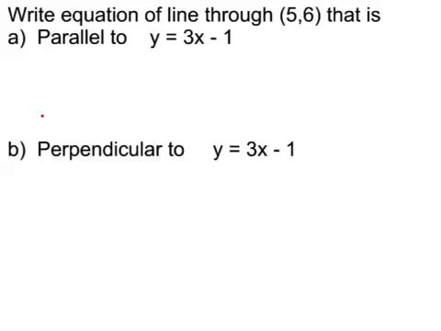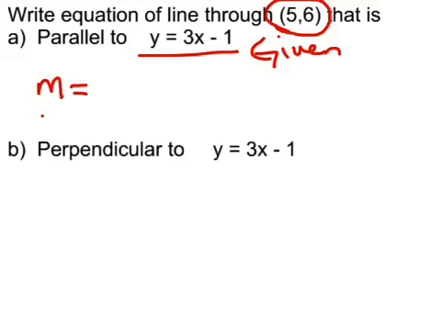If I'm given this line, this is the line that has been given to me, and they want me to write an equation of a line that goes through 5, 6 that is parallel to this line. What I need to do is, my red line has a slope of 3, and I got that from right here. Okay, that's line 1. So now we're going to go to the other line. On the other line, this is going to be the parallel line.